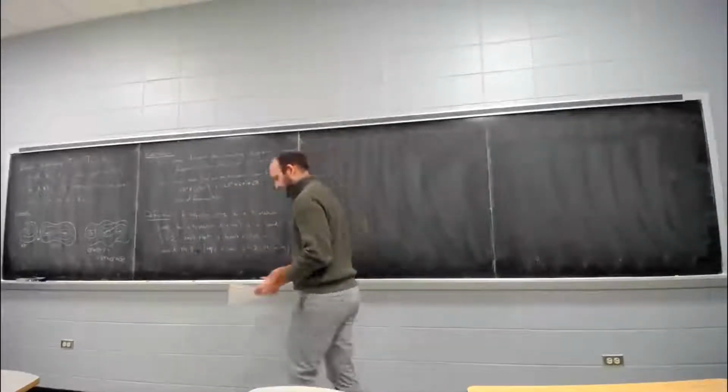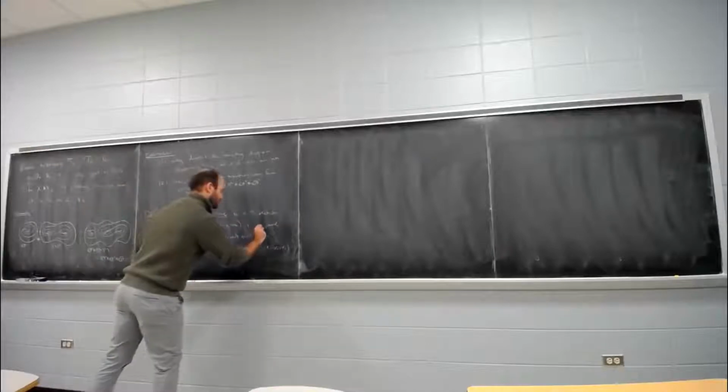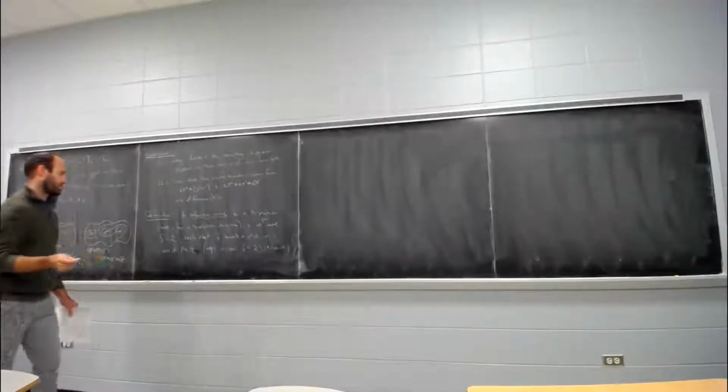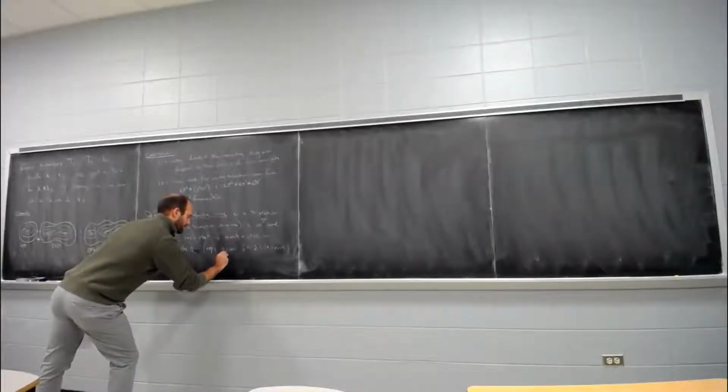So a reducing curve for a trisection is a curve that bounds in all three flanges, and for a diagram, it's a curve that you can draw in the complement of the curves. I should say that it needs to be essential, and curve means simple closed curve.